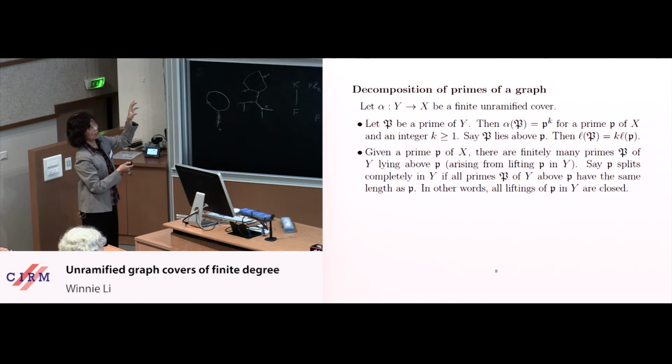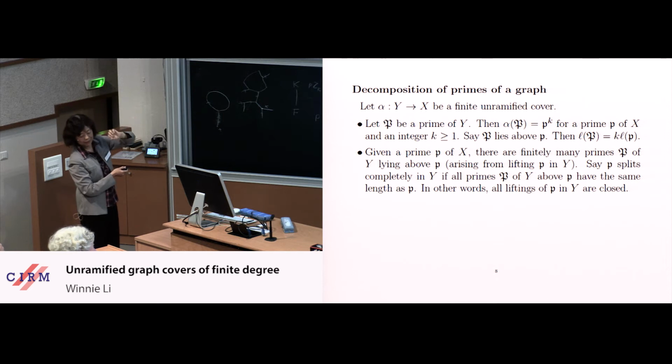So then the prime, capital P here, projects to the lower p; we call this capital P the prime upstairs lying above the p downstairs. Okay. So we say that a prime p downstairs splits completely upstairs if all the primes upstairs have the same length as the prime downstairs. In other words, if you lift the prime downstairs up, then each lifting is closed.